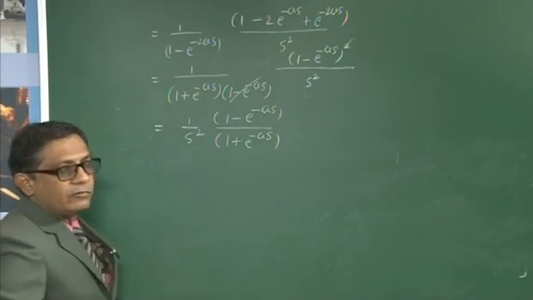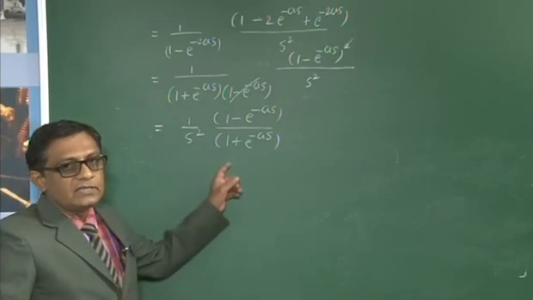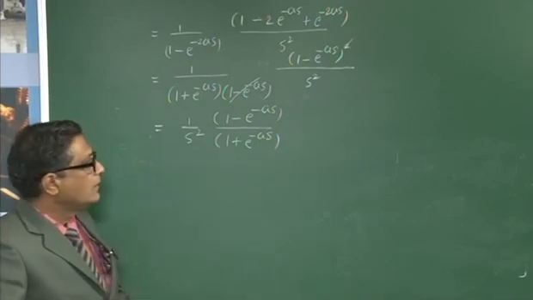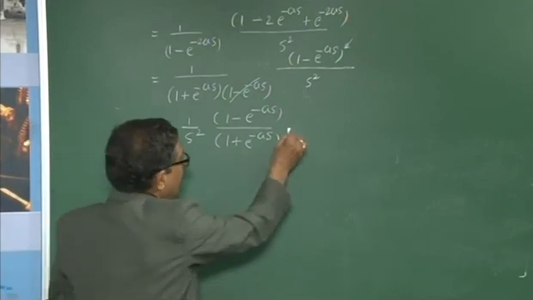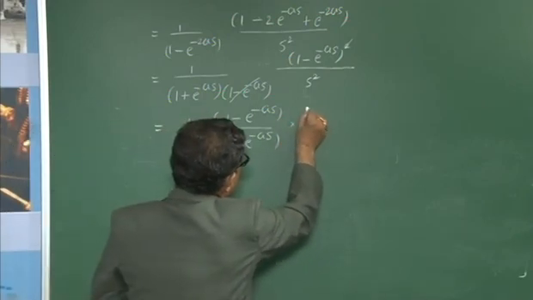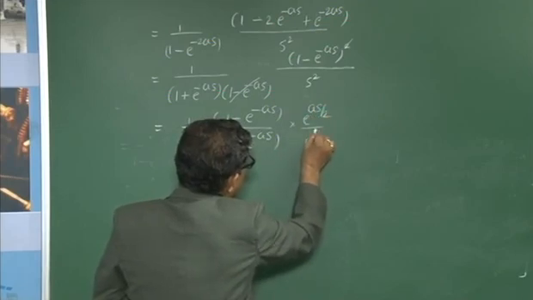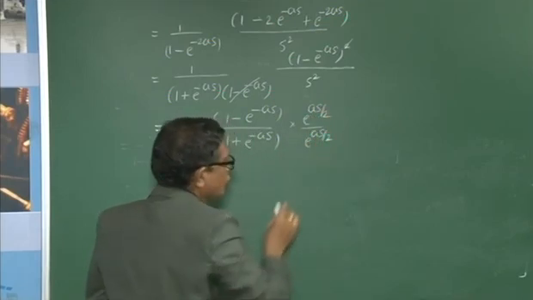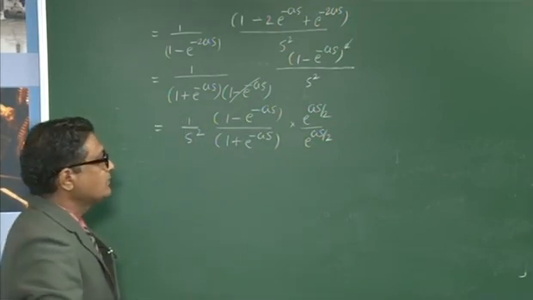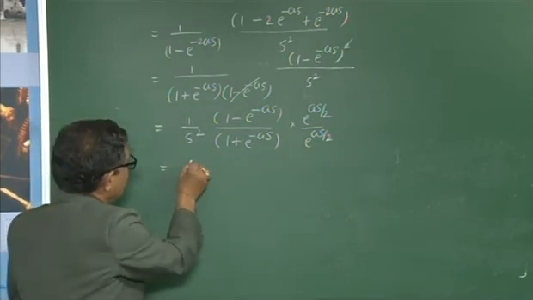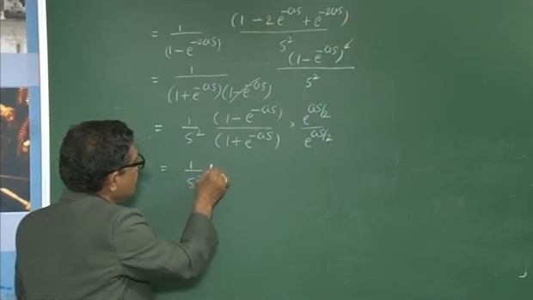Further, you can simplify. How to simplify? Here multiplying and dividing by e raised to as by 2. You can write still further in the simplified form.